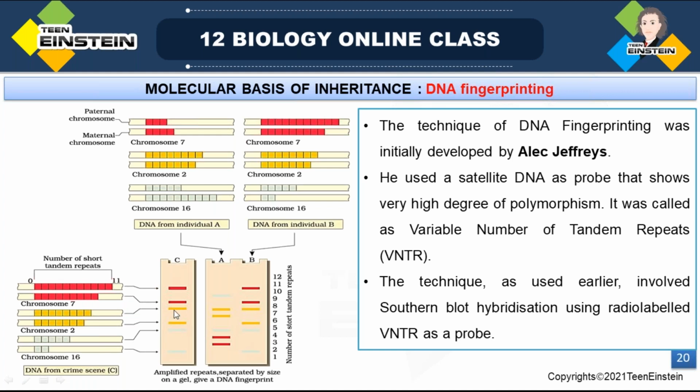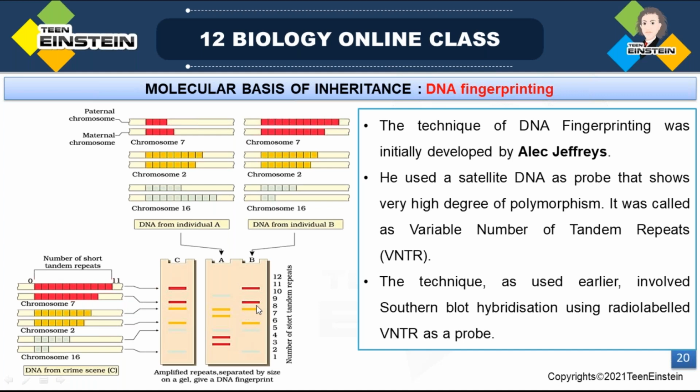In chromosome number 7, it's not matching with the control one, but in the case of individual B, the banding is matching, the same banding pattern. In chromosome number 2, one band is present but the second one is not there, whereas in individual B you can see both bands. So finally we can confirm.